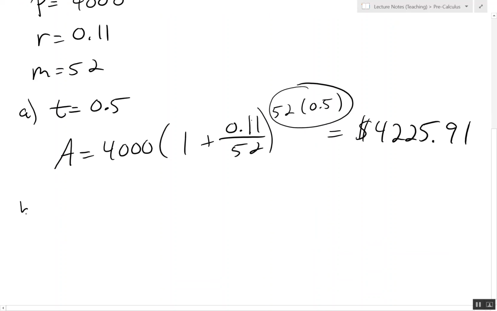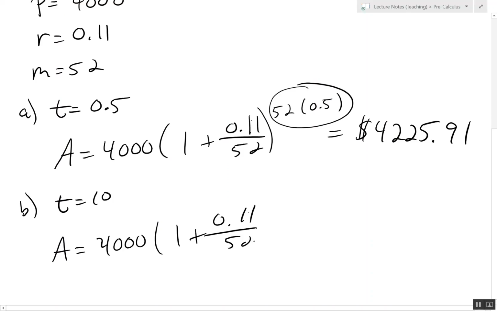Part B, all that changes is now we want to know after 10 years. So we'll have A equals 4,000 times 1 plus 0.11 over 52, but we're going to compound it 52 times a year, and we're going to do this for 10 years. We'll just punch this into the computer.